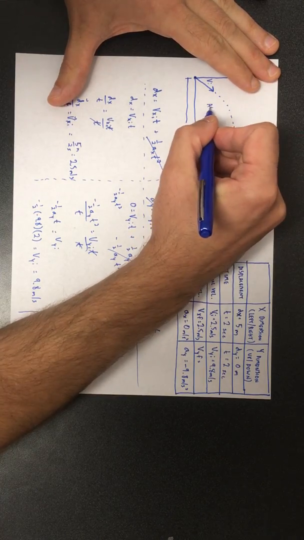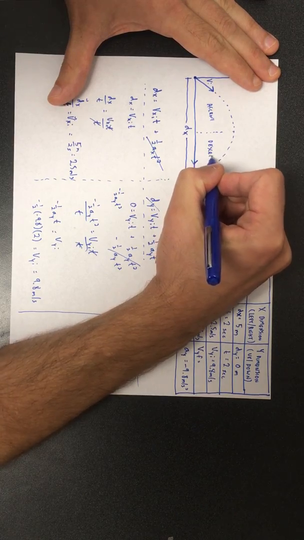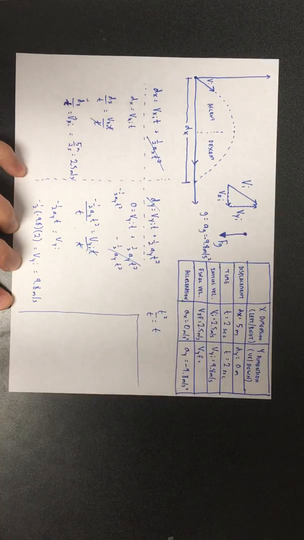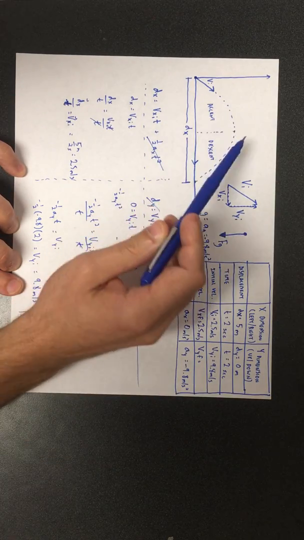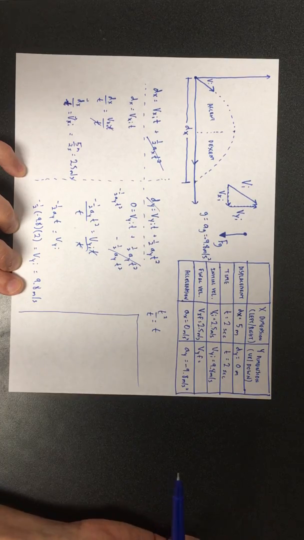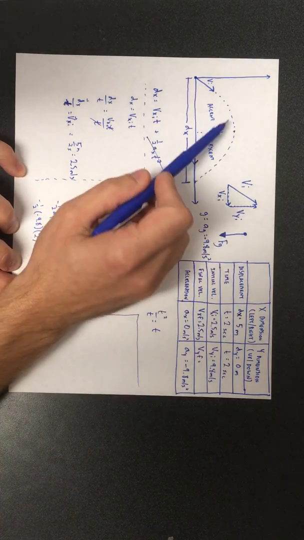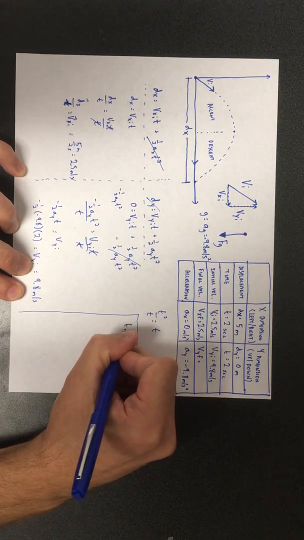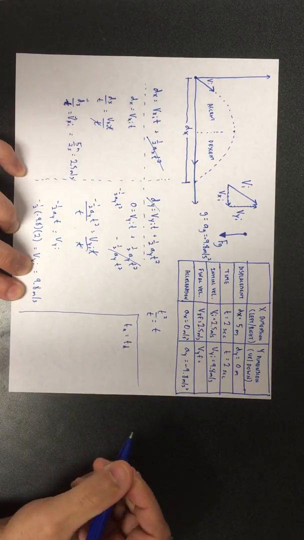This is the ascent, and this is the descent. It was accelerating at the same rate in both directions, and it went up some displacement and fell down the same displacement in the other direction. So actually, the time of ascent equals the time of descent.